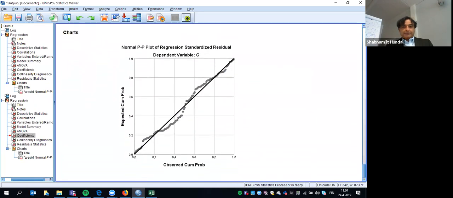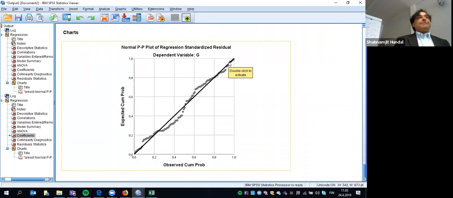Look at our data. These are the theoretical values, the standard line, the black line, and these blue dots are our actual data. Actual data of what? Dependent variable. So this is the theoretical data, the black line, and the blue snake is the actual data. What do you observe when you see this kind of relationship?